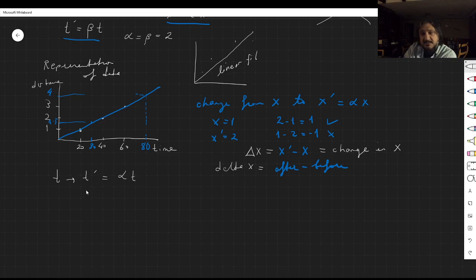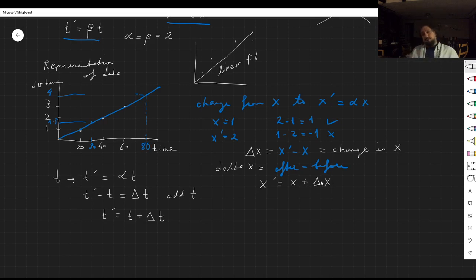So t prime minus t is now written as delta t. Now I add t to both sides. So what do I get? t prime is equal to t plus delta t. Same thing can be done here. x prime is equal to x plus delta x.